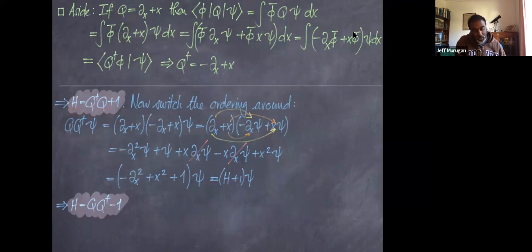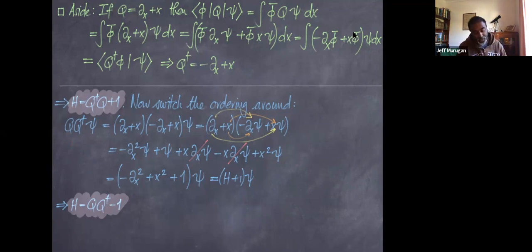Okay. Now I want to switch the ordering around. In this case, I want to ask, what is q dagger acting on some test function? So, to understand where the plus 1 is coming from, you have to realize that these are operators, and operators act on test functions, right?